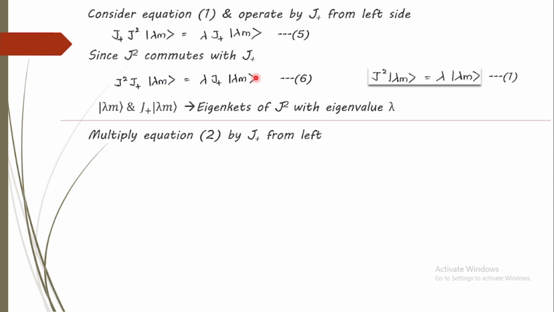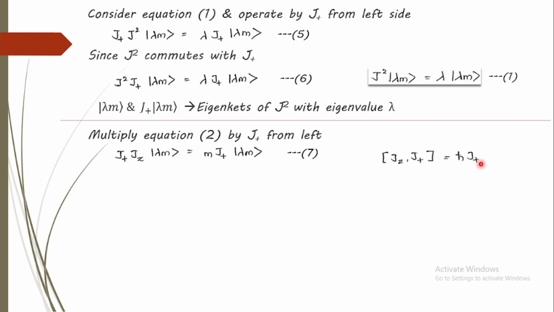Similarly, multiplying j plus on the left to equation number 2, which is the eigenvalue equation of jz, we get j plus jz ket lambda m equals m into j plus ket lambda m. Let us call it equation number 7. We have already studied that the commutation relation of jz with j plus gives h cross j plus, so both are not commuting.